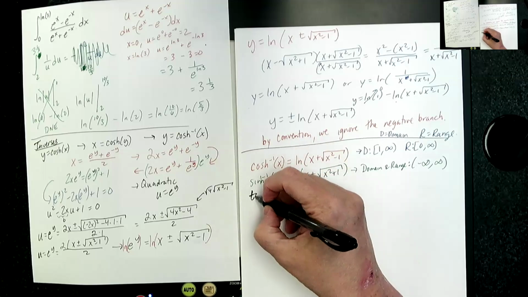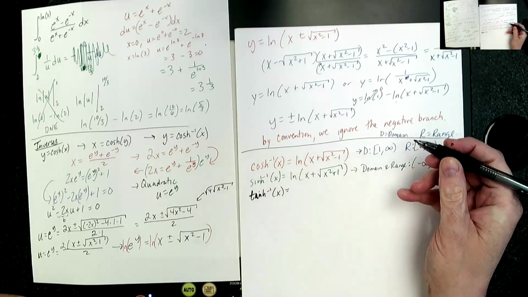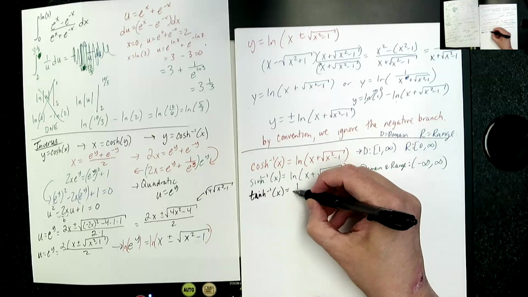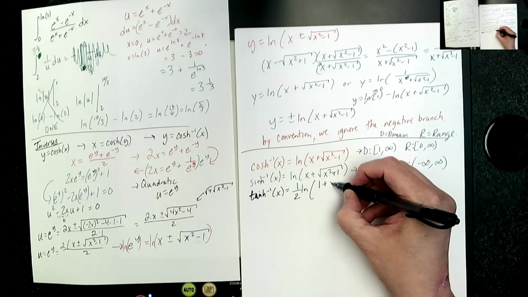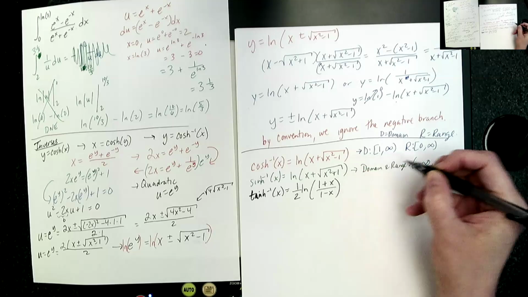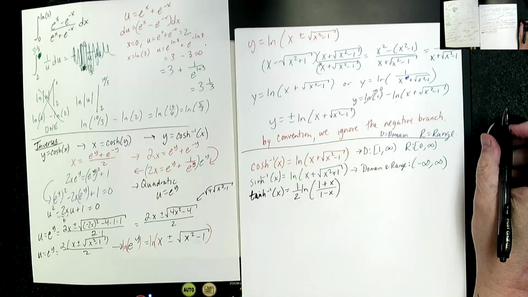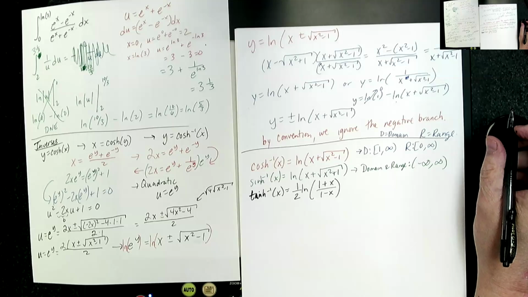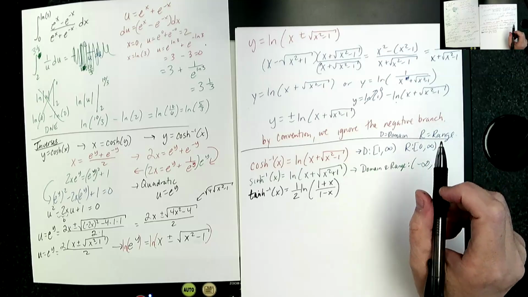So our tanh inverse here. This is fun. 1/2 natural log of 1 plus x over 1 minus x. Isn't that a hoot? No, I'm not old enough where that's my common lingo. I'm old, but I ain't that old.